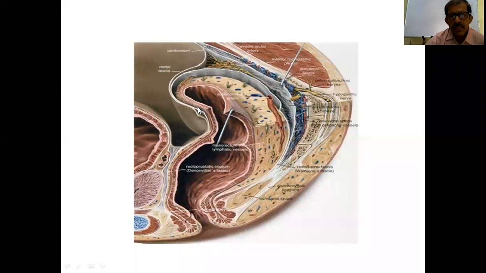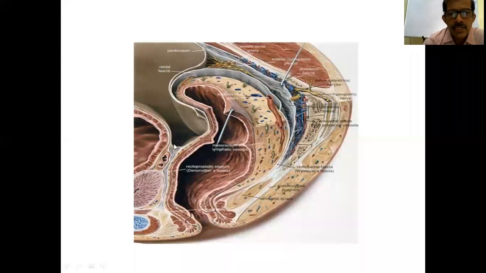This is the Denonvilliers' fascia, which is just deeper to the peritoneum. This is the peritoneum. This is the rectovesical pouch in males, whereas in females, as you know, there will be the rectovaginal pouch of Douglas. So like this.